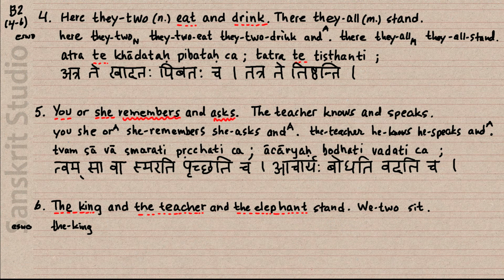This is more like a clean version without all these indexes. So we have 2 ways of indicating B syntax. Okay, so the king and B, the teacher and the elephant.